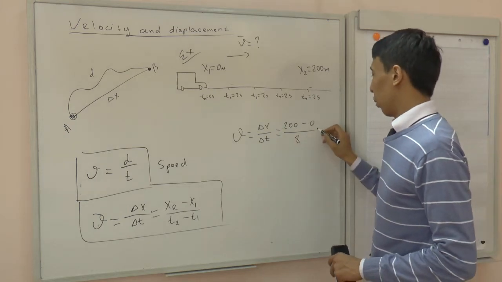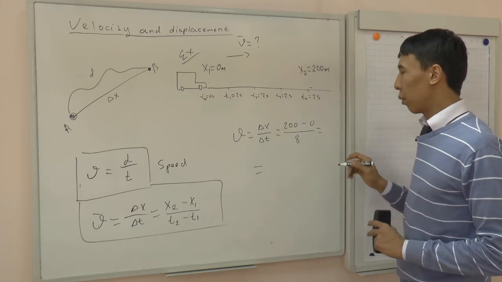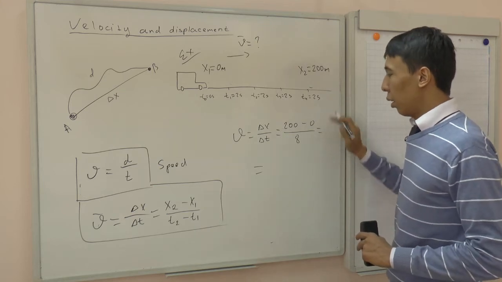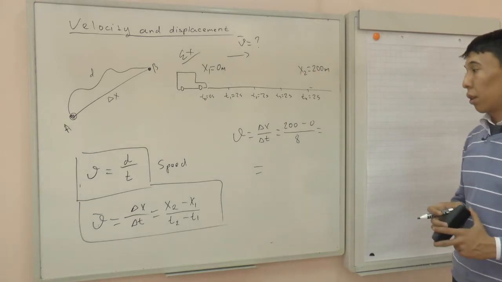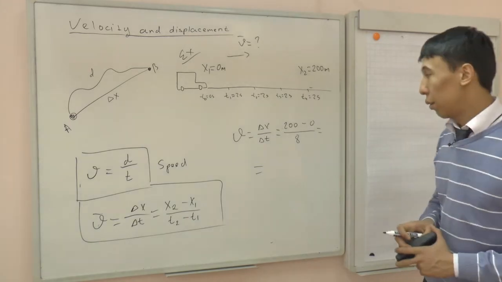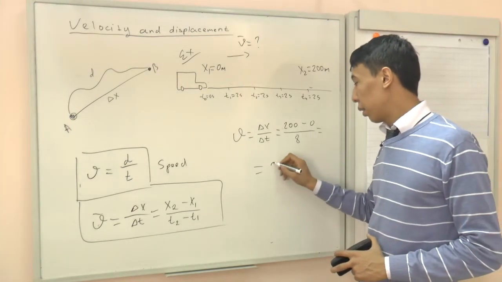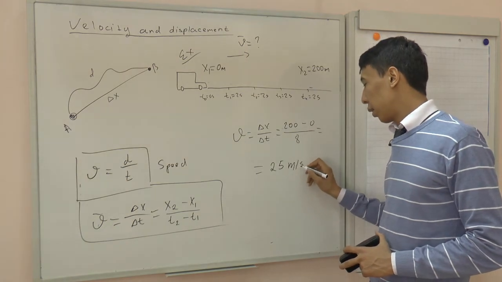So in total we have 8 seconds here. So finally our answer will be what? 200 over 8. And please use your calculators to find this. You are right, 25 meters per second.